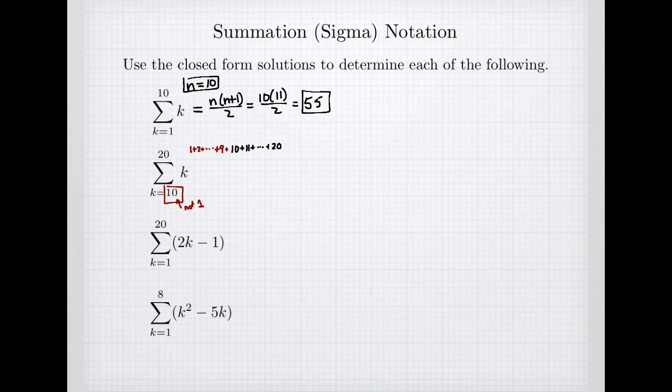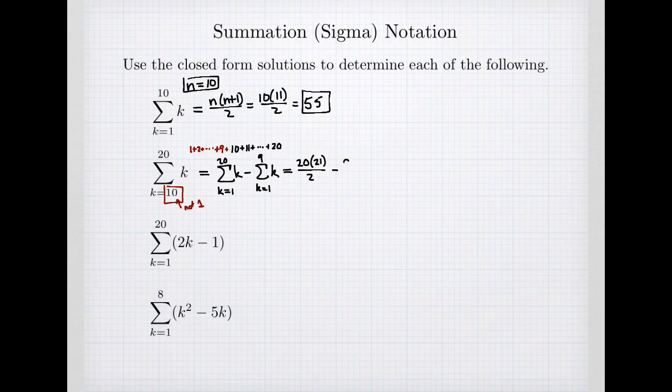So a common strategy for this problem is, well, let's start by going from 1 to 20, and then let's subtract those first 9 numbers that we know, from 1 to 9. And what that leaves is just the numbers from 10 through 20. Now that I have this, I can use the closed formula for both of the summations. When n is 20, it's 20 times 21 over 2.